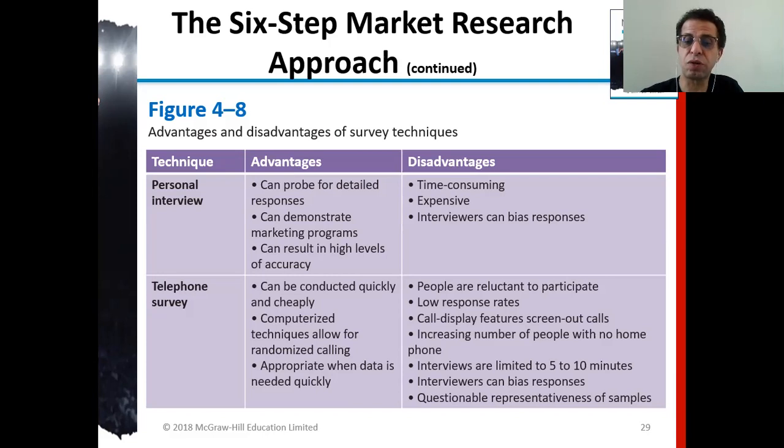It can demonstrate marketing programs and can result in a high level of accuracy. The disadvantage, as we said, is that it's time-consuming, costly, very expensive, sending people to ask these questions, especially if they are professionals in this job.